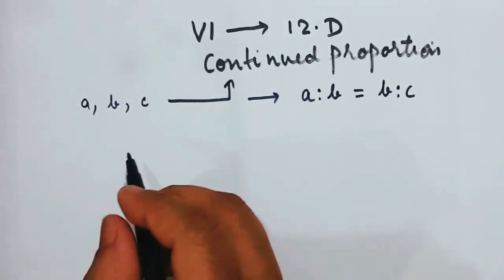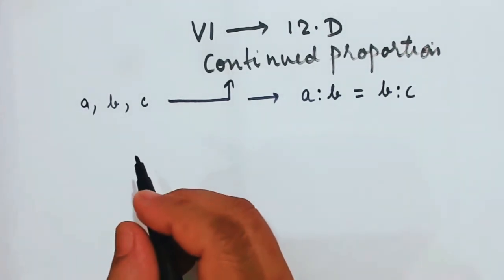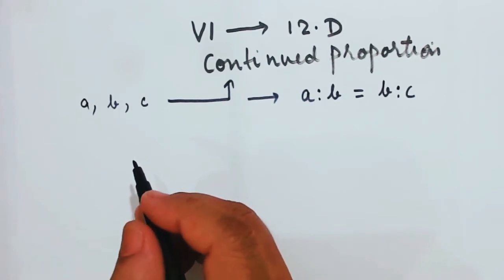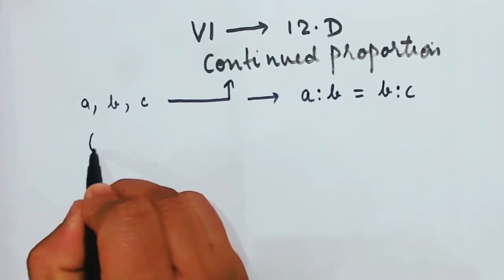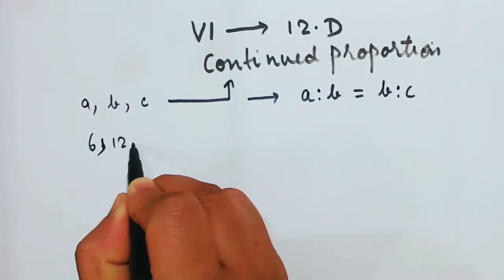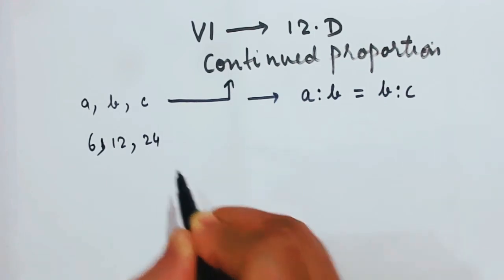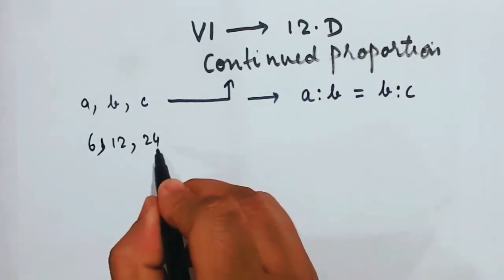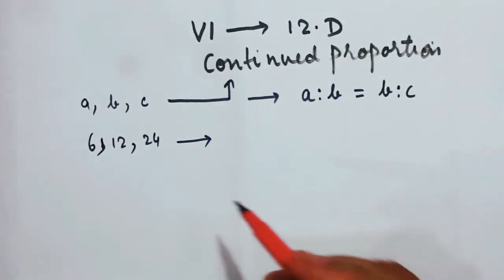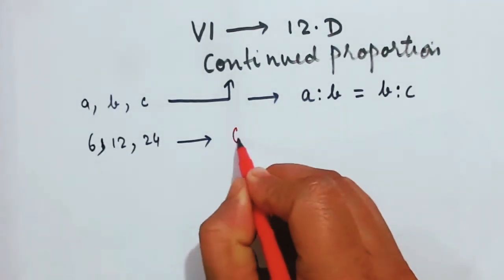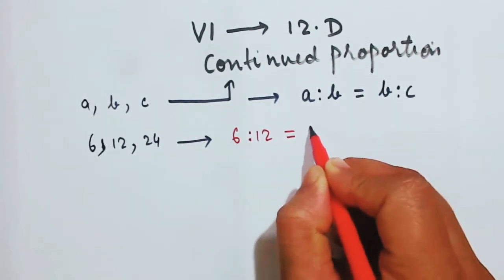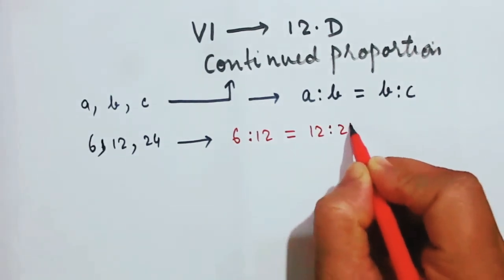Okay, for example, let us take one of our sums, like 6, 12 and 24. You might be asked, are these in continued proportion? In order to prove that they are in continued proportion, the ratio of 6 is to 12 should be equal to 12 is to 24.